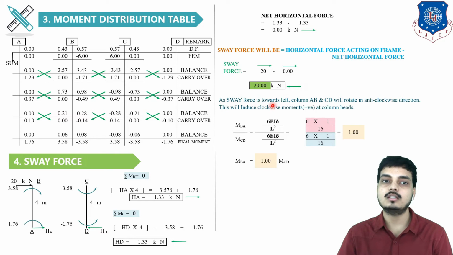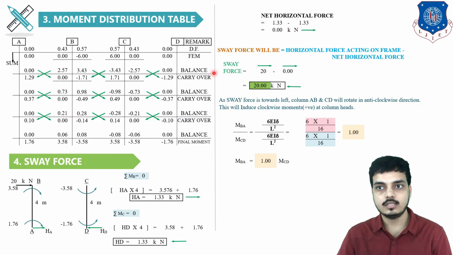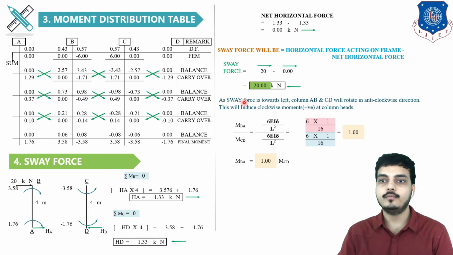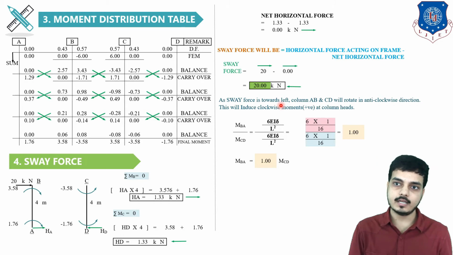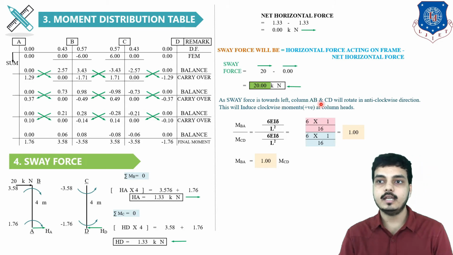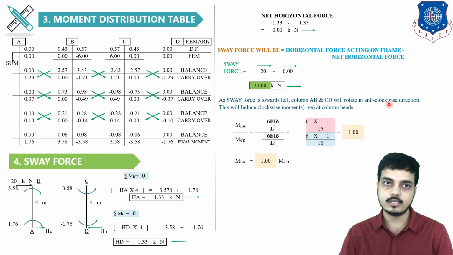Now, why have I kept it in the opposite direction? The force is going right side, so we have to make it opposite for the stable. As the sway force is towards left, the columns AB and CD will rotate in anti-clockwise direction.